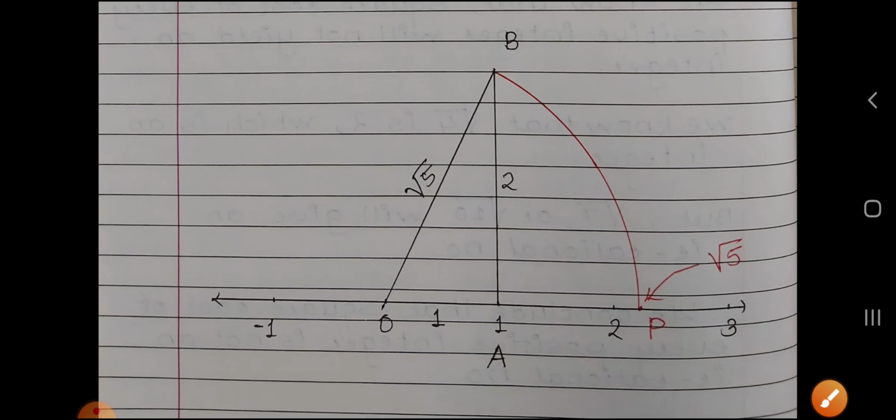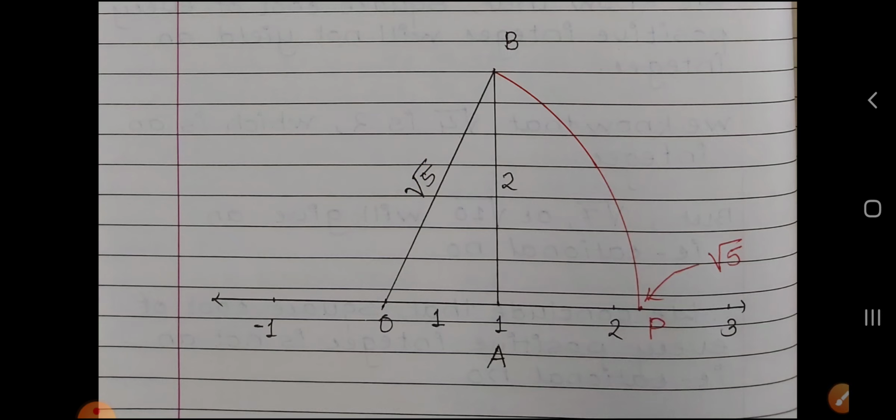Then join the points O and A. Join the points O and B. So we get OAB is a right angle triangle.